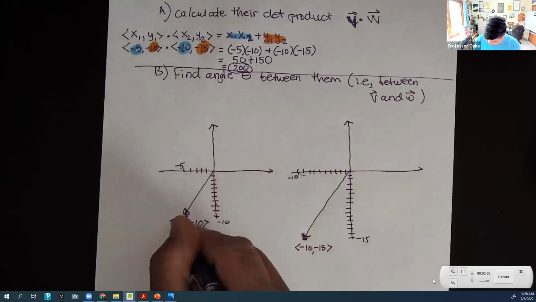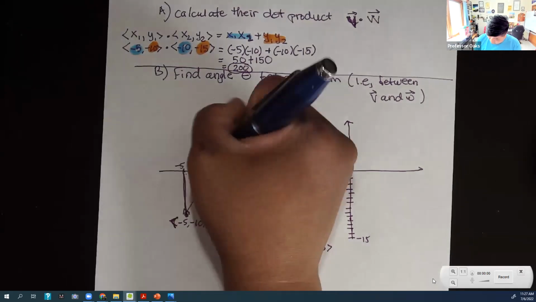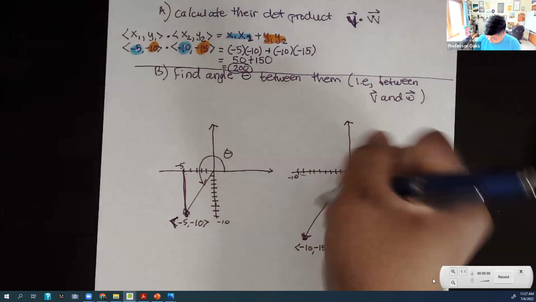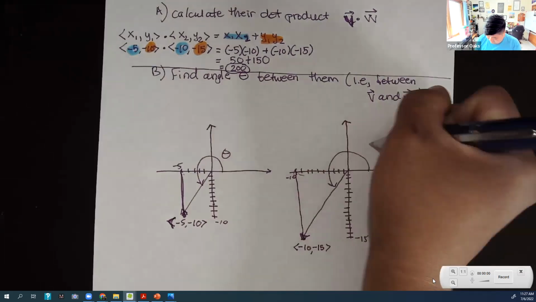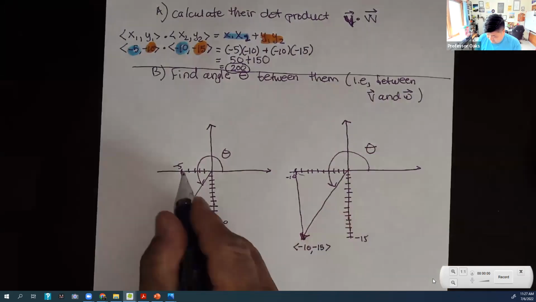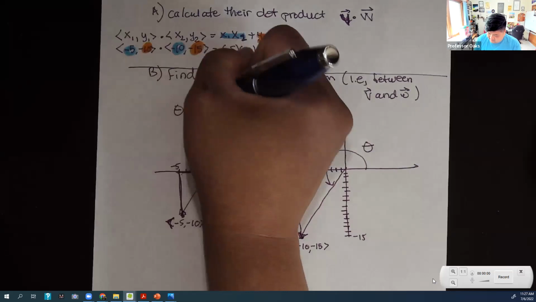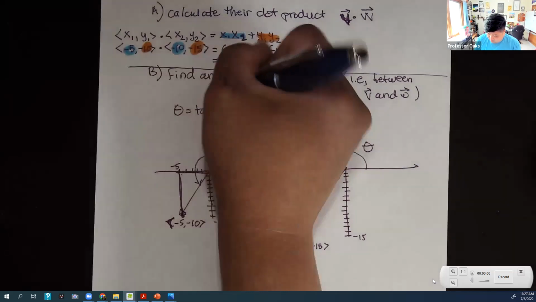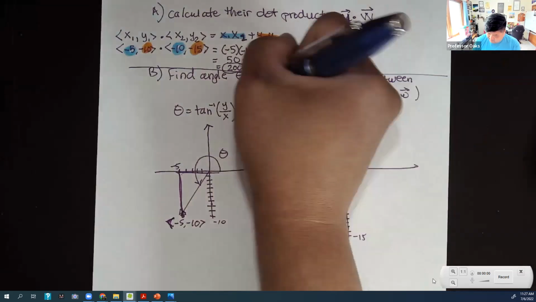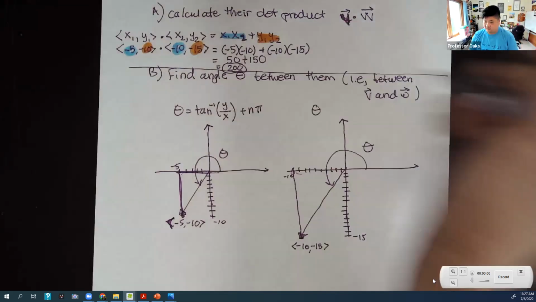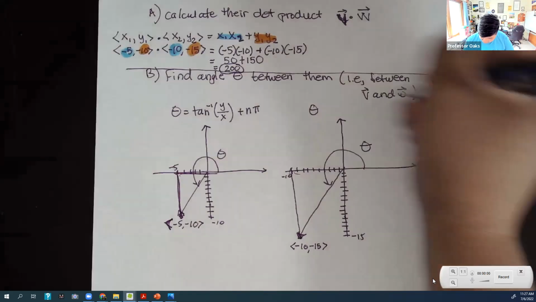Here's what I don't want you to get confused about. If I actually wanted to find this angle theta, then this is where I would use theta is tangent inverse of y over x, plus n pi, where you add how many pi you need to get it in the right quadrant.